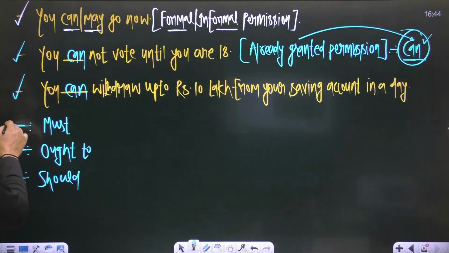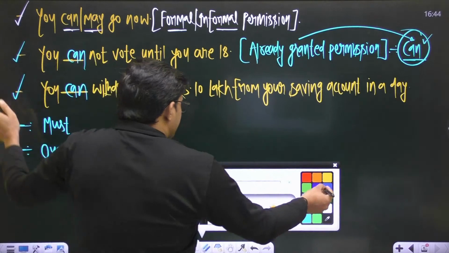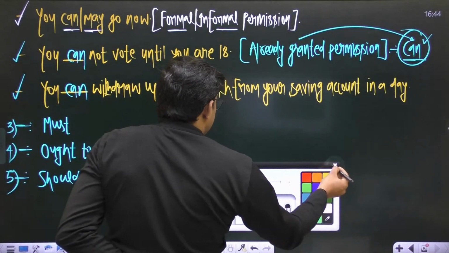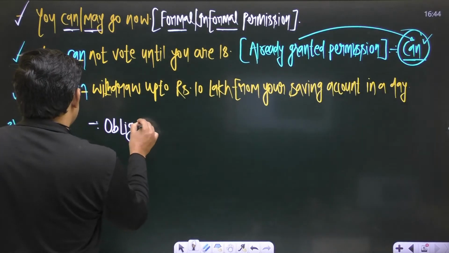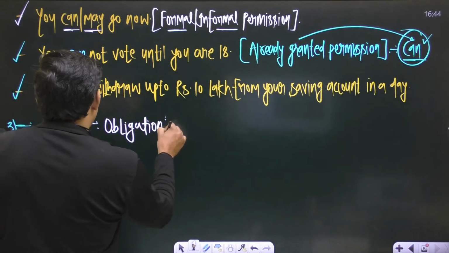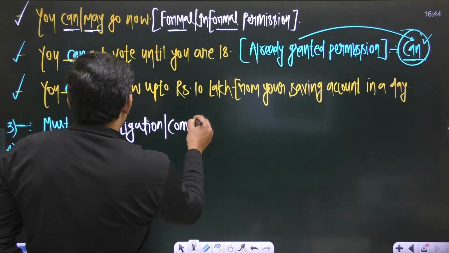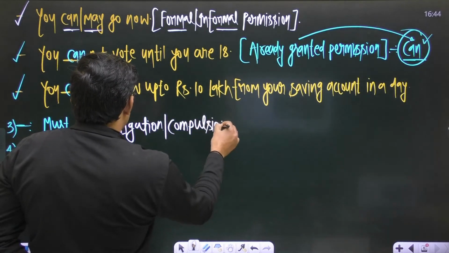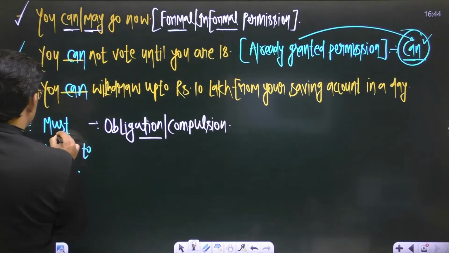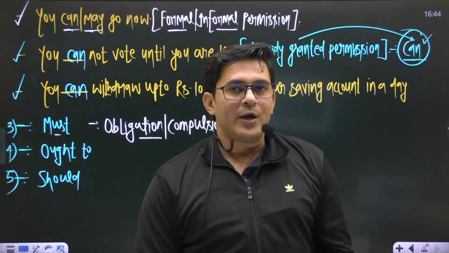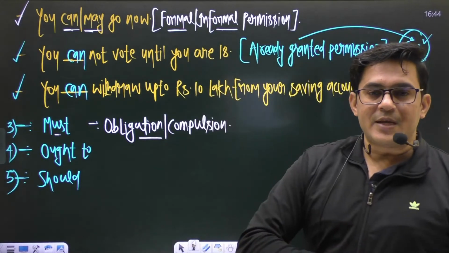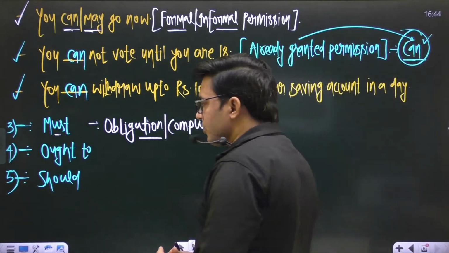This is third, this is fourth, and this is fifth. As we know, we use must to show obligation in a sentence. Whenever you have obligation, or compulsion, to show obligation we use must. When one is obliged to do something, we use must in that particular sentence.